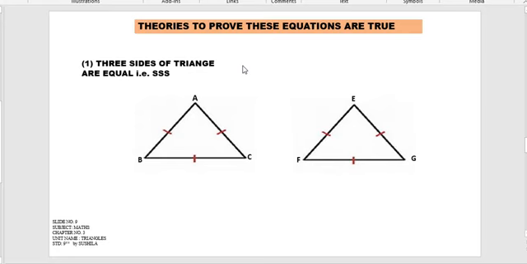The triangles will be equal with respect to each side of the other triangle. What will you do? You will take a perfect measurement of AB, suppose 5 centimeter, EF also 5 centimeter, AC is equal to 3 centimeter, EG is equal to 3 centimeter, BC is equal to 7 centimeter, FG is equal to 7 centimeter.